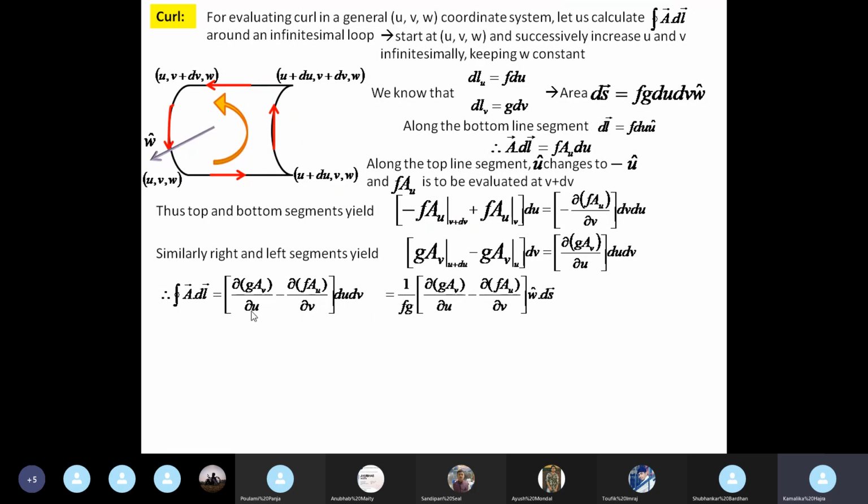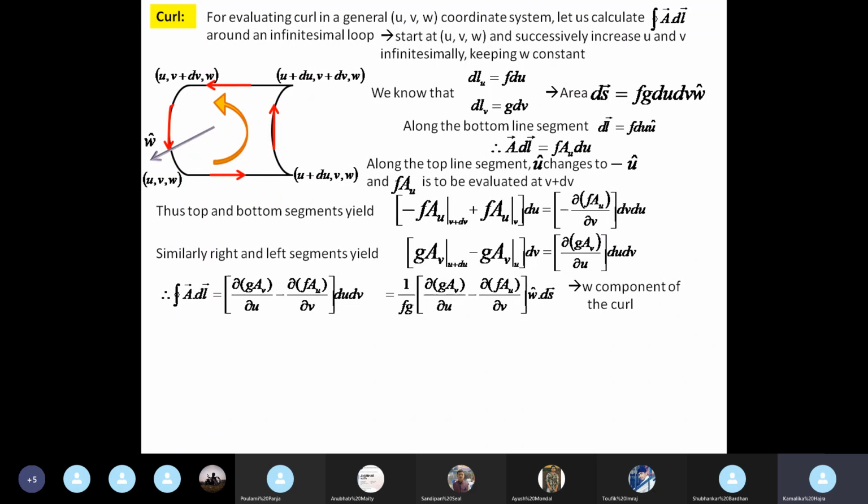From the expression of the area here, I can write this as 1/(FG) [∂/∂U of (G A_V) minus ∂/∂V of (F A_U)] times W cap dot dS, where I have used this expression of area. This is the W component of the curl.